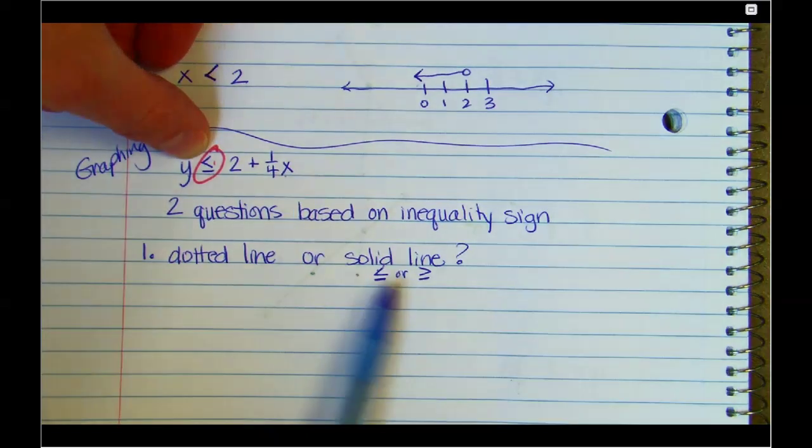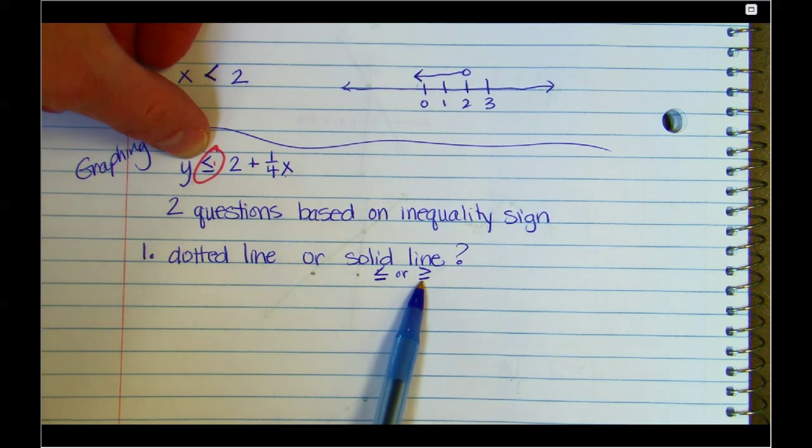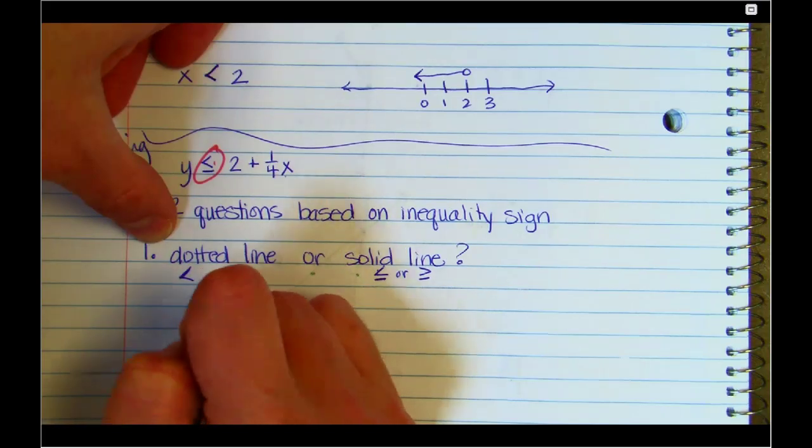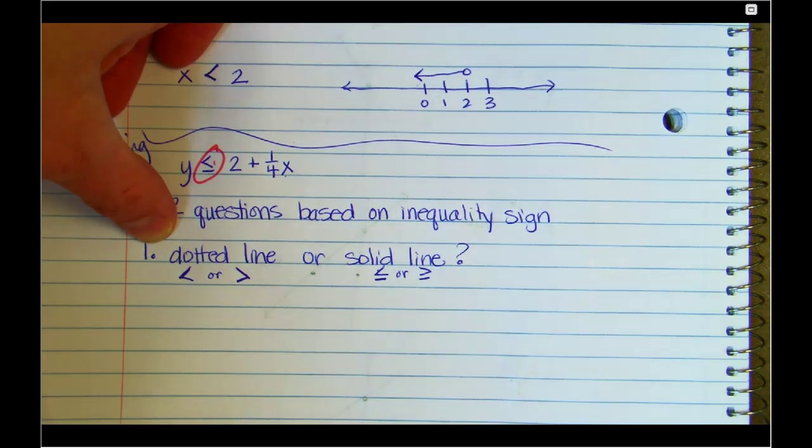So if this is equal to, like mine is, I'm just going to graph my line normally. I'm going to do a solid line if there's an equal to underneath. If it's not, I'm going to make it with a dotted line instead of a solid line. Okay, that's the first question.